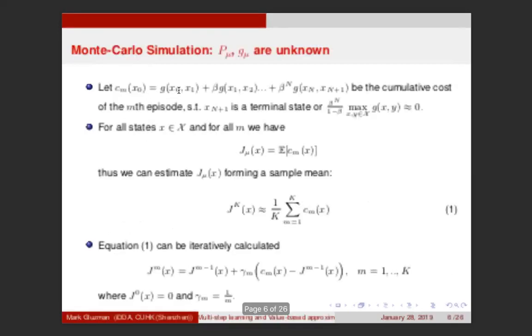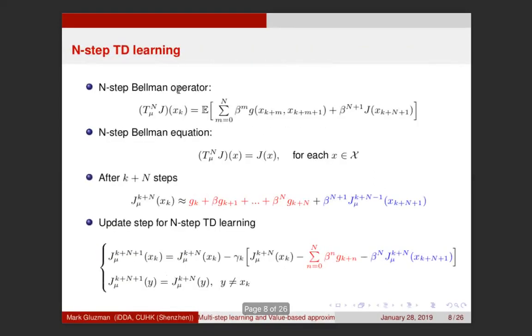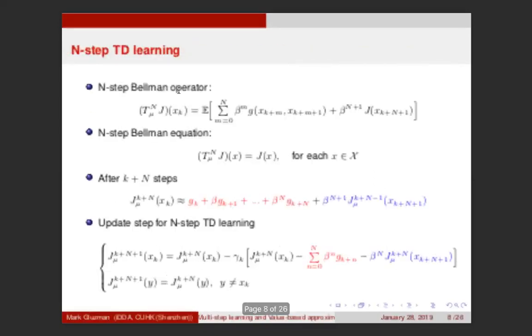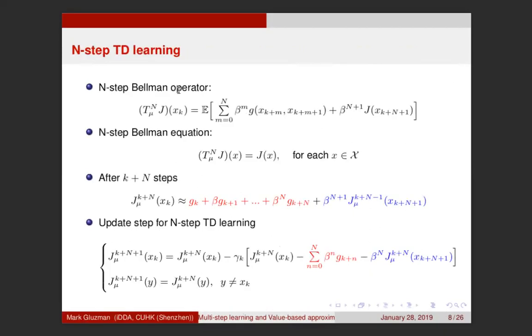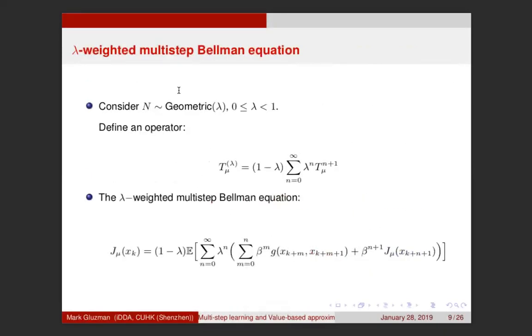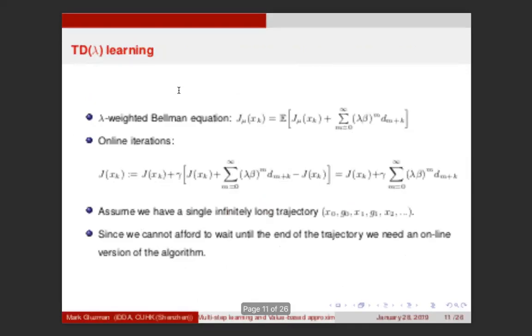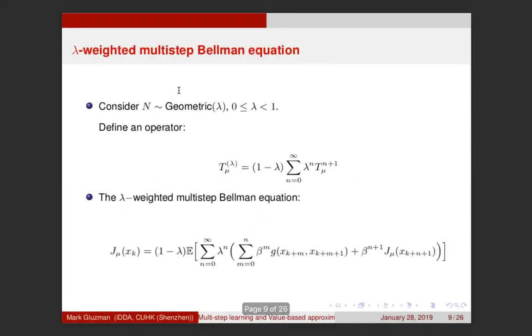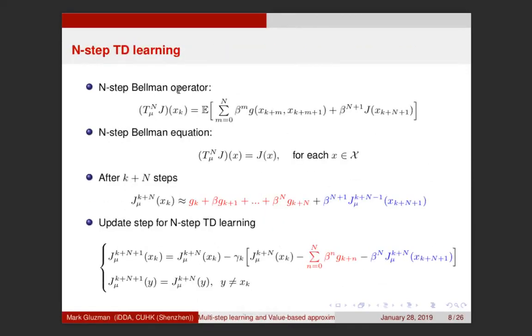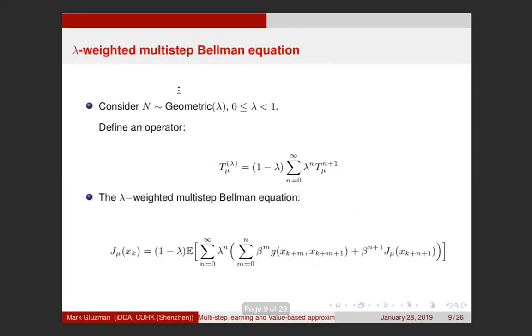Okay, let me go further, and there will be a similar argument. There is a problem of how to choose n, because in n-step TD learning we have a fixed n, and it's not obvious how to choose it. So in practice, how do you choose this n?